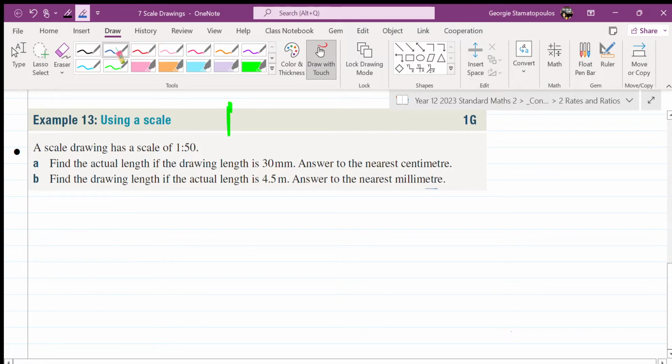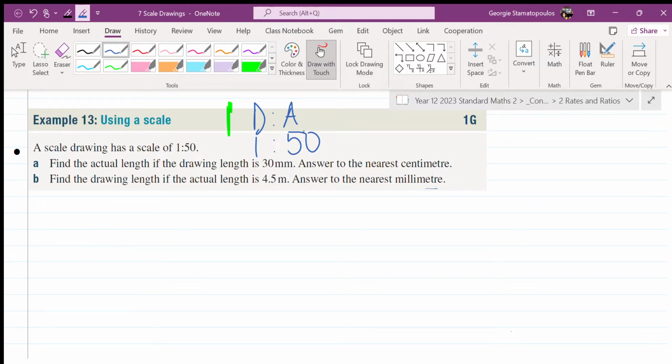Drawing to actual length, 1 to 50. Find the actual length if the drawing is 30 millimetres. So drawing to the actual length, 1 to 50, and we're going to 30 millimetres.